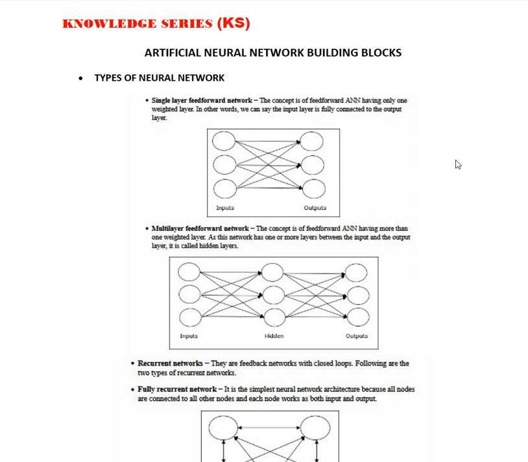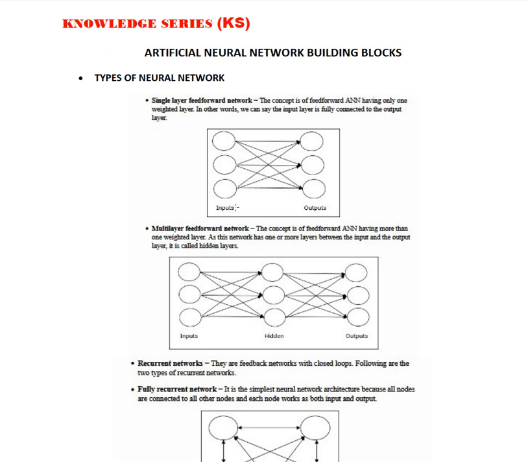When we talk about a feedback network, it is not only processing the input to the output, but from the output it is also processed back to the input. So that's how we categorize. Let's see these discussions.